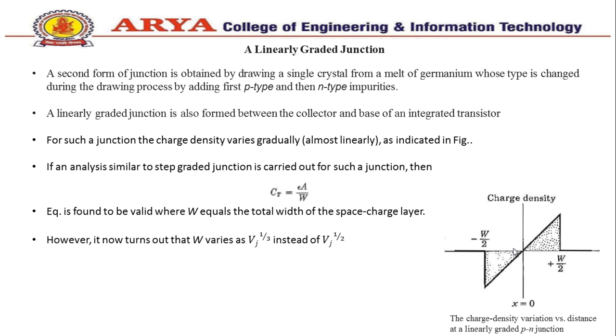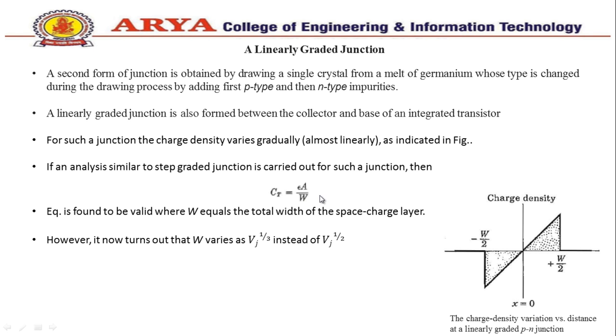For such a junction, the charge density varies gradually or almost linearly, which can be shown in this figure, which shows the charge density variation versus distance at a linearly graded PN junction. If an analysis similar to the step junction is carried out for such a junction, then we can obtain Ct equal to A epsilon upon W. So this equation is also valid for a linearly graded junction, where W is equal to the total width of the space charge layer.